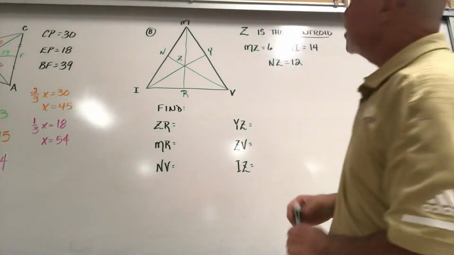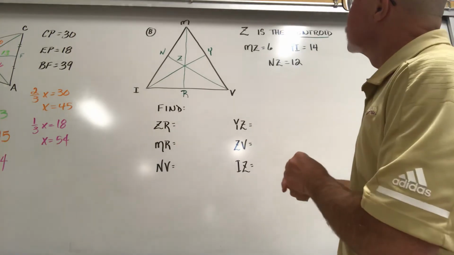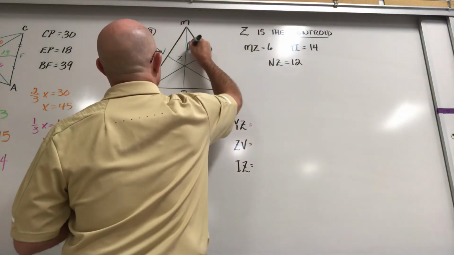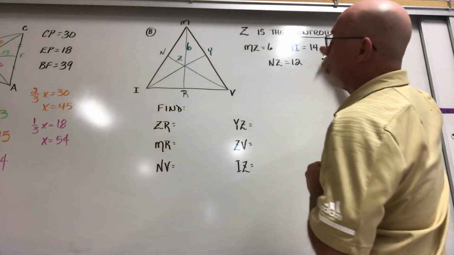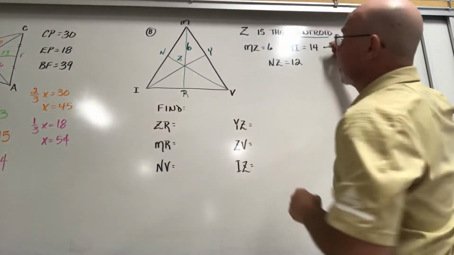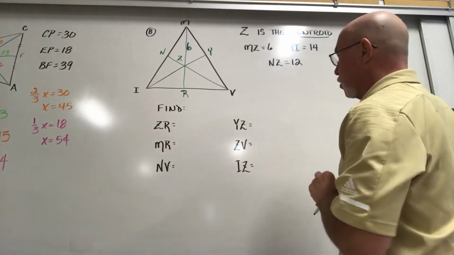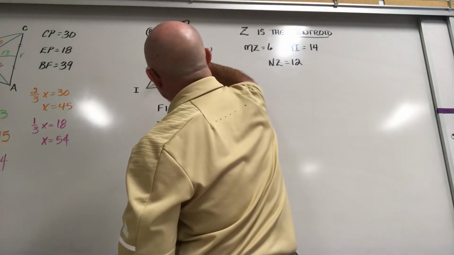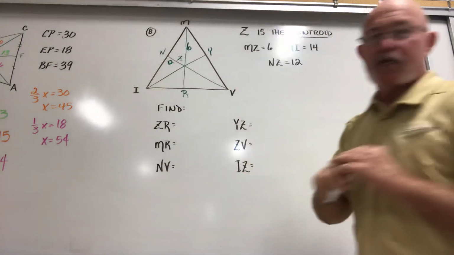So let's fill in what we've got. I have been given that MZ is 6. YI, the whole length, is 14. And NZ is 12.